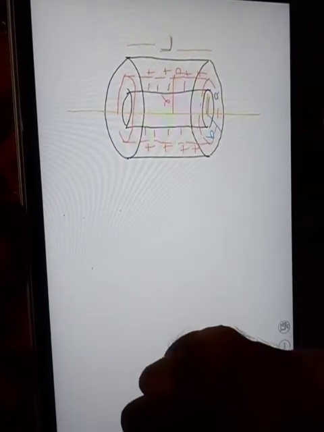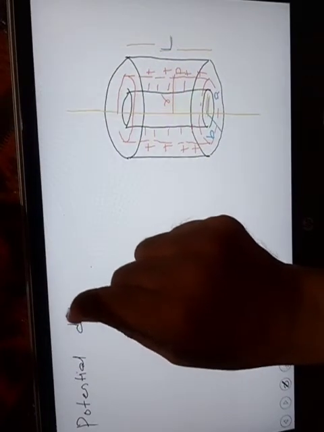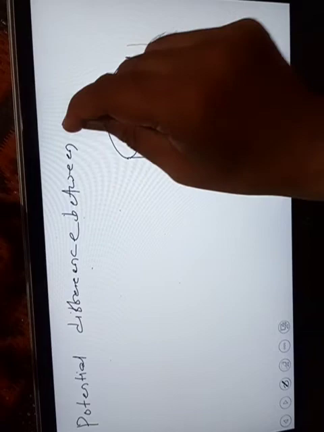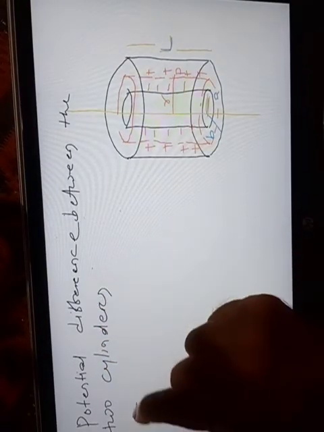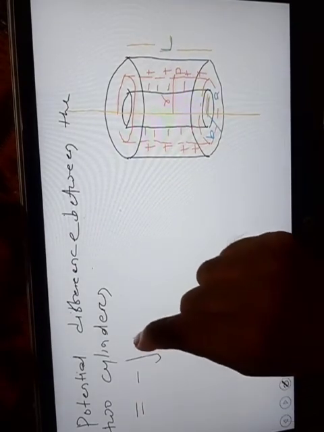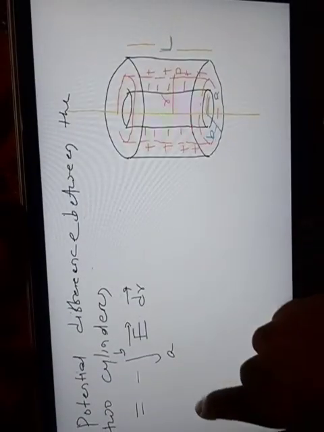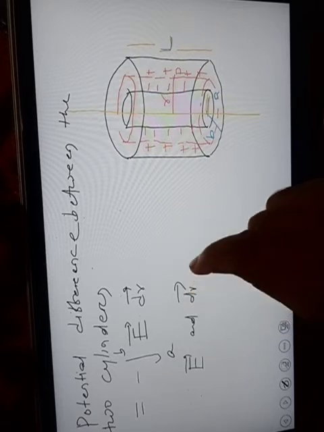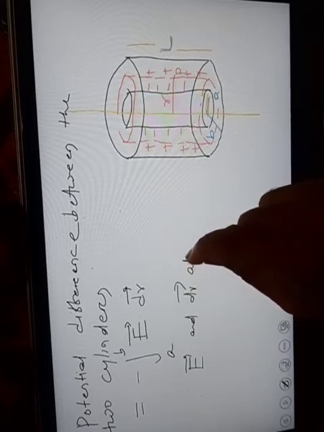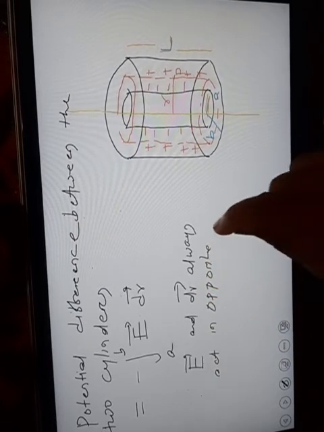Now, hence the potential difference between the two cylinders is equal to negative value of integration of E dot dr between A and B. Since E and dr always act in opposite directions, all of you know.